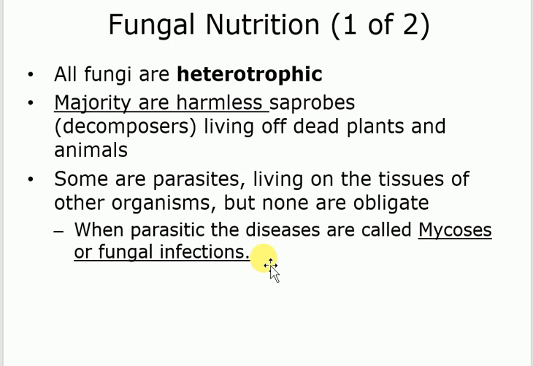Where did you get that word from? Myco is another name for fungus. So mycosis is you being invaded by fungus, which is a fungal infection. So what do you call it if an animal or human is infected by fungus? Mycosis.